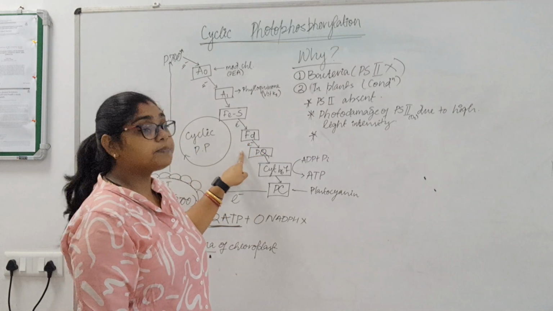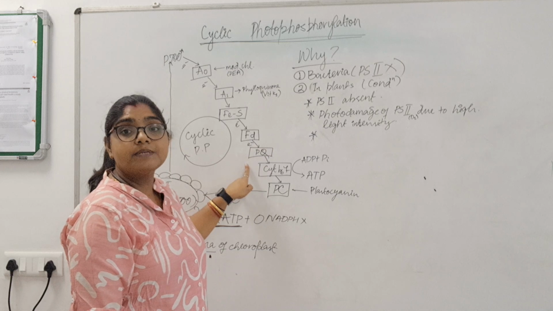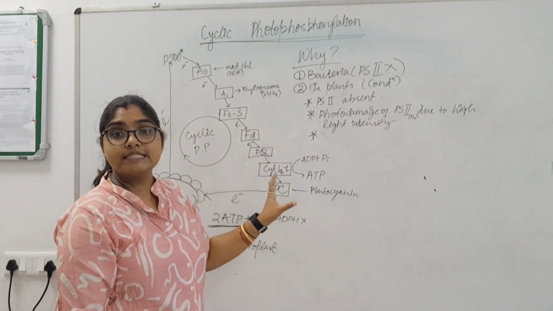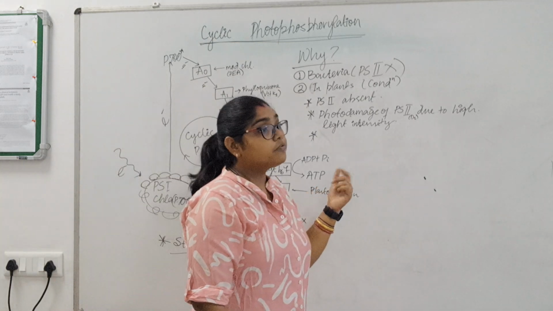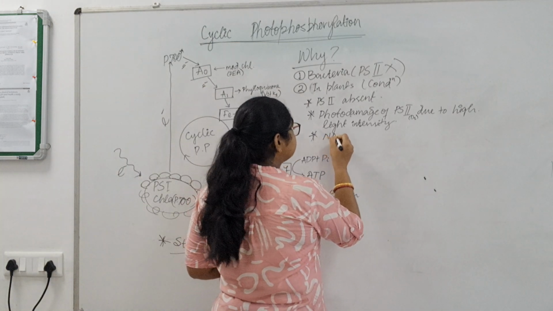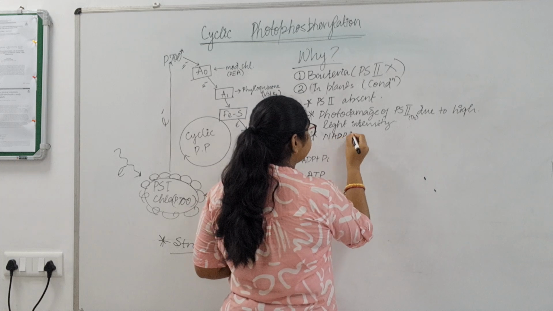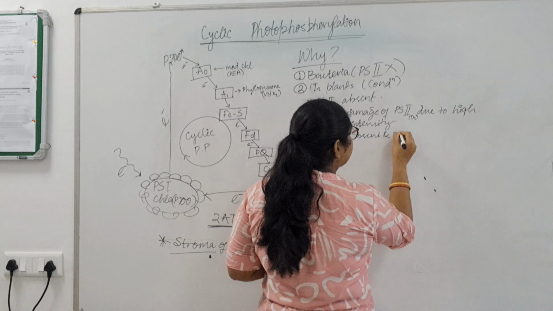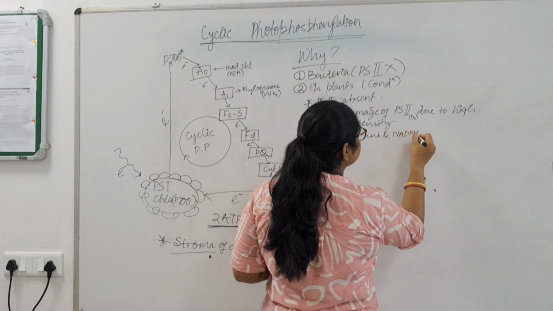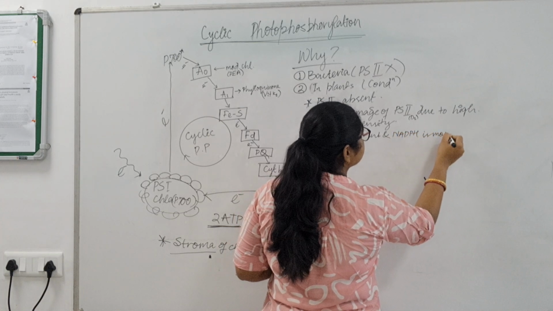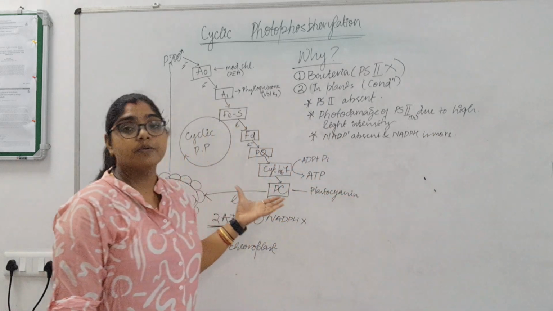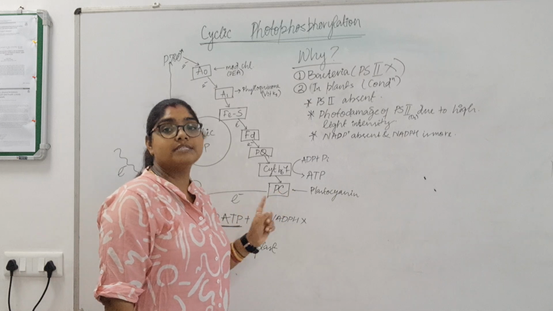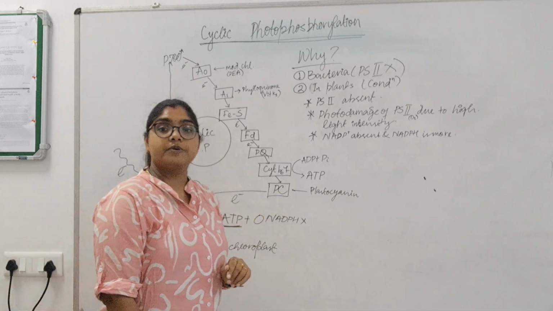When NADP is present, from ferredoxin, NADP accepts the electron and produces NADPH. That is the basis of the non-cyclic and cyclic mechanisms. So when NADP is absent and NADPH is more, at that point also the electron follows the cyclic pathway and cyclic photophosphorylation takes place.